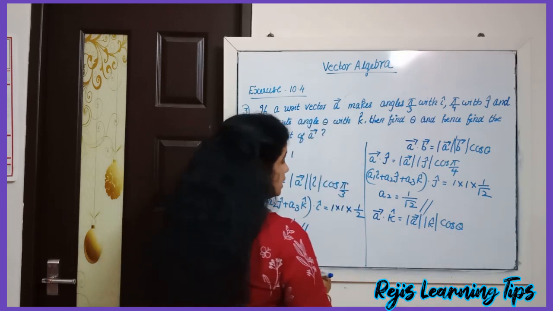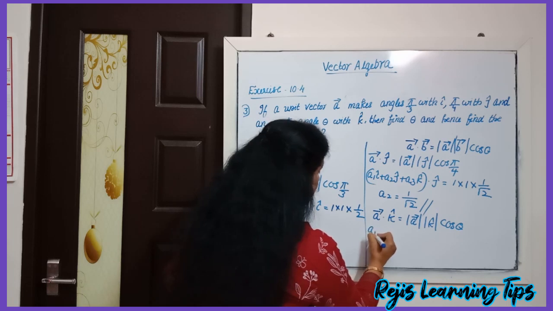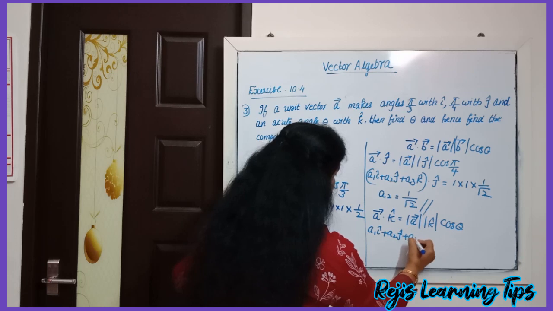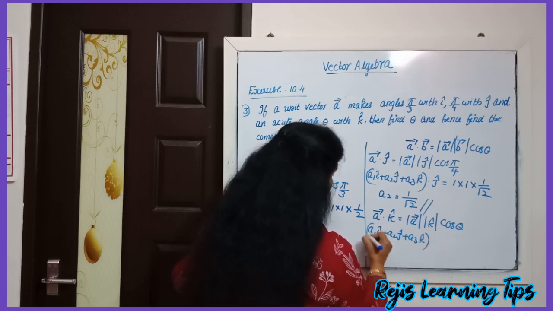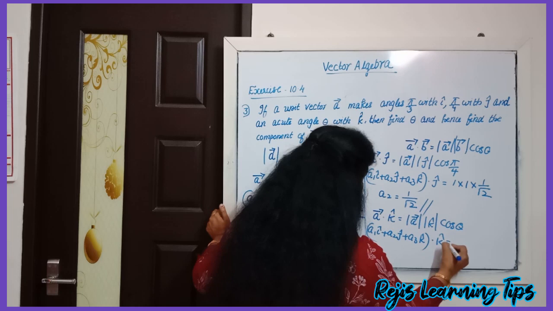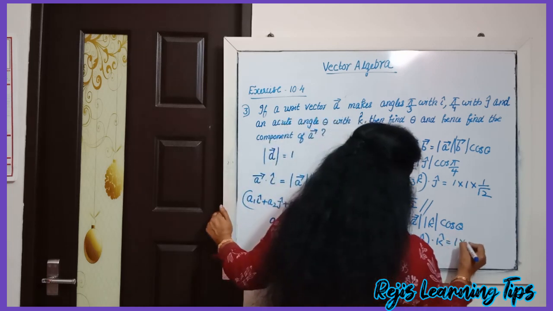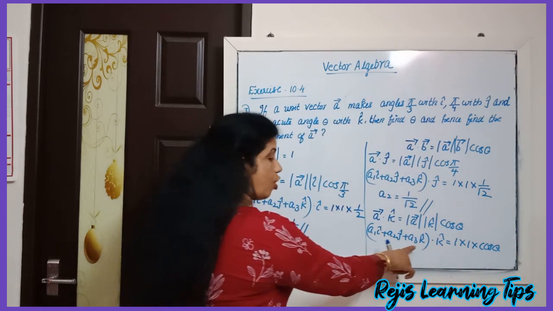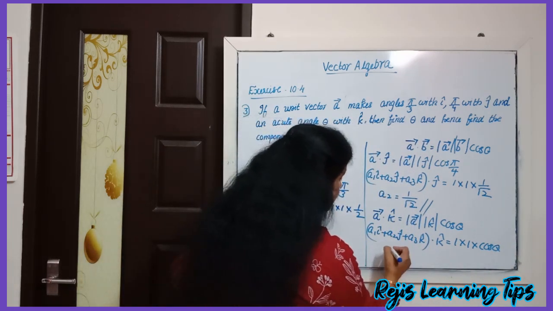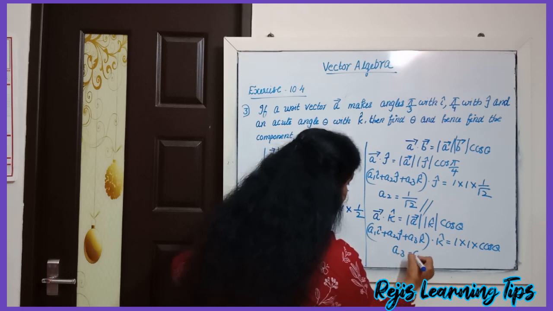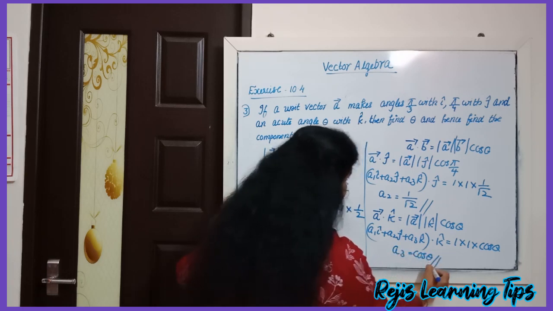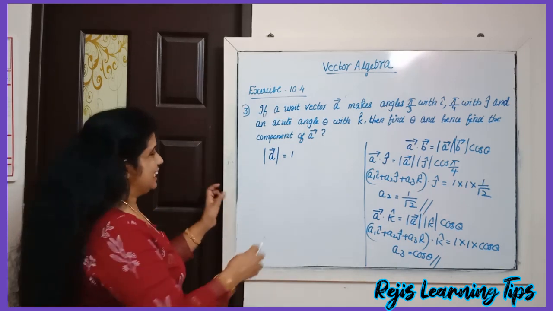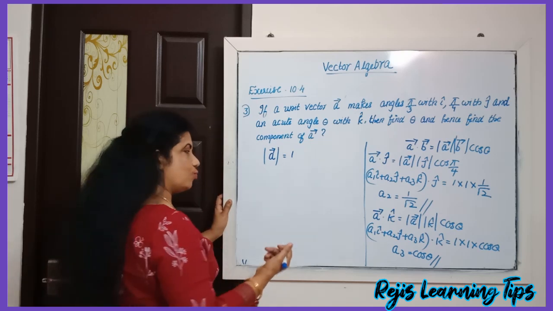Then A vector means we should write here A1 I cap plus A2 J cap plus A3 K cap dot K cap is equal to 1 into cos theta. So here we should dot with only K. So we will get A3 is equal to cos theta. Did you get me?